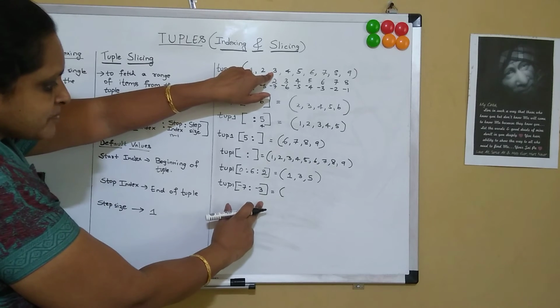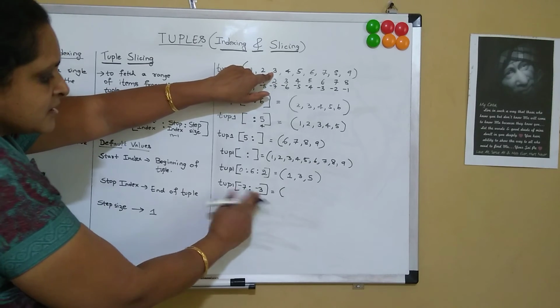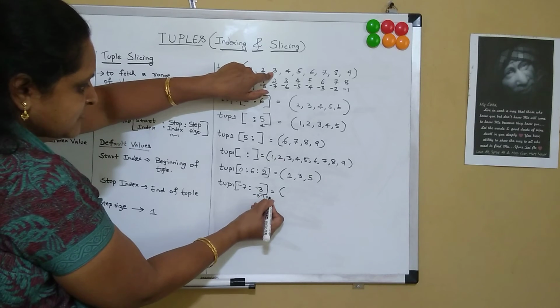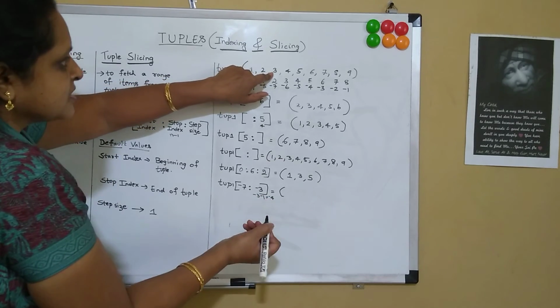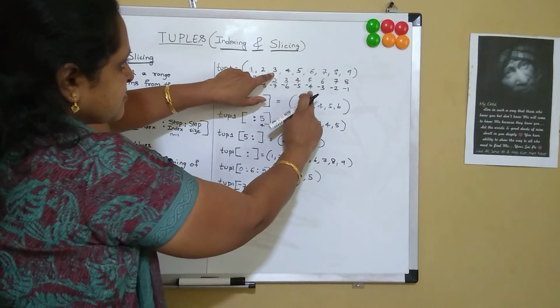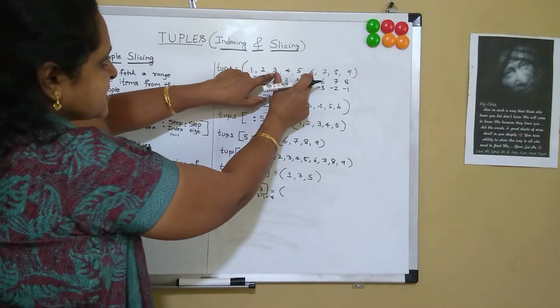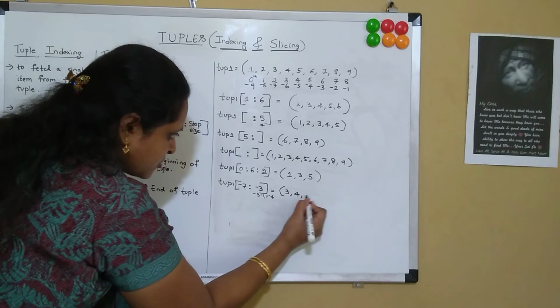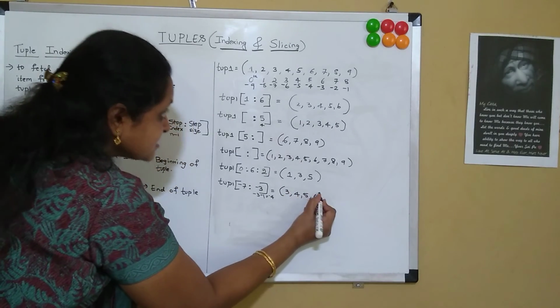We have to again subtract one more element. We have to do n minus 1. So it is minus 3 minus 1 which becomes minus 4. So starting is minus 7, ending is minus 4. So it will fetch 3, 4, 5 and then 6.